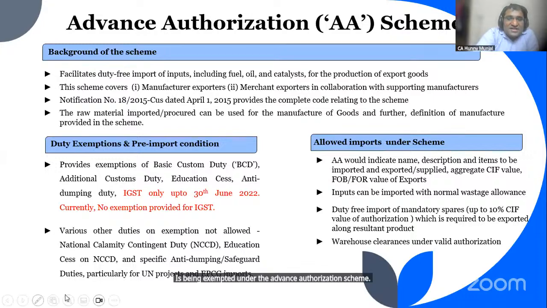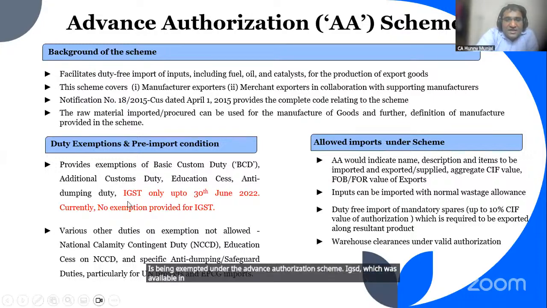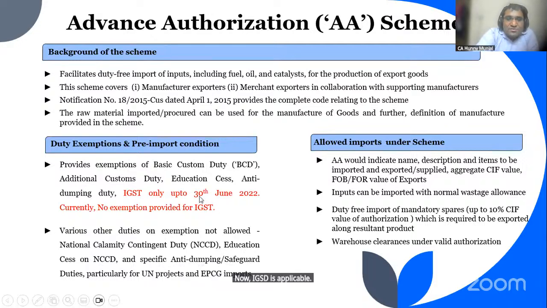IGST, which was available in EPCG, was also available in advance authorization, but it was now done away. IGST exemption was applicable till 30th June 2022. So as of now, IGST would be applicable even if you are registered under advance authorization scheme.